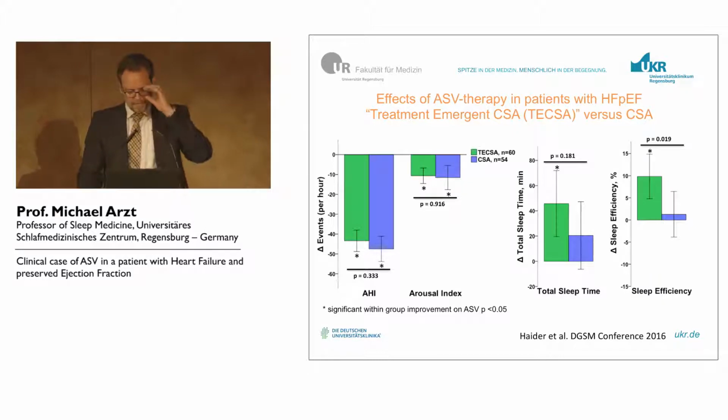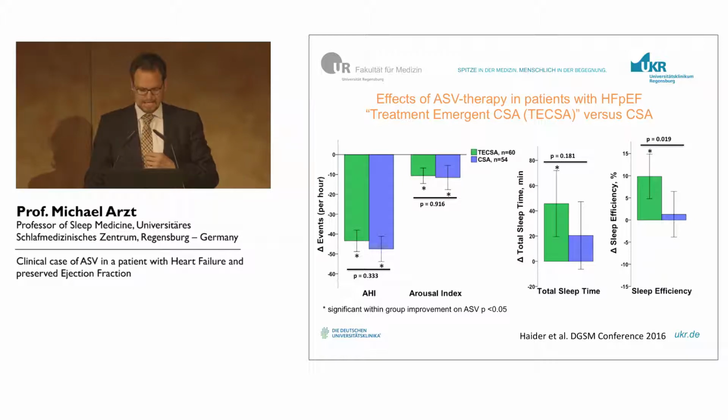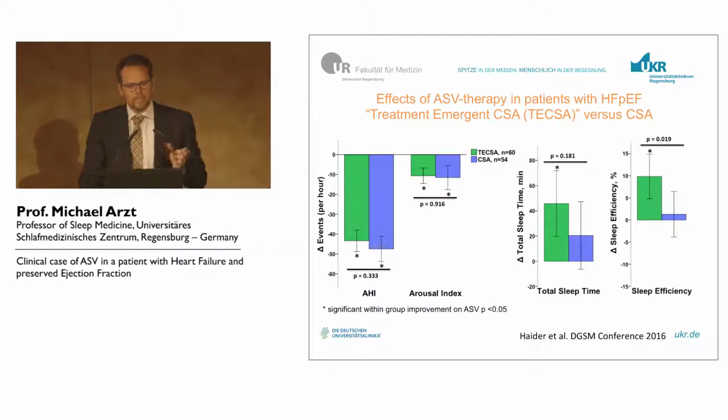For adaptive servo-ventilation, I see the most important target population in the future are the patients, in my opinion, with preserved ejection fraction, either with treatment emergent CSA or with central sleep apnea from the beginning. And we made a retrospective comparison of how ASV can affect sleep quality in these patients.